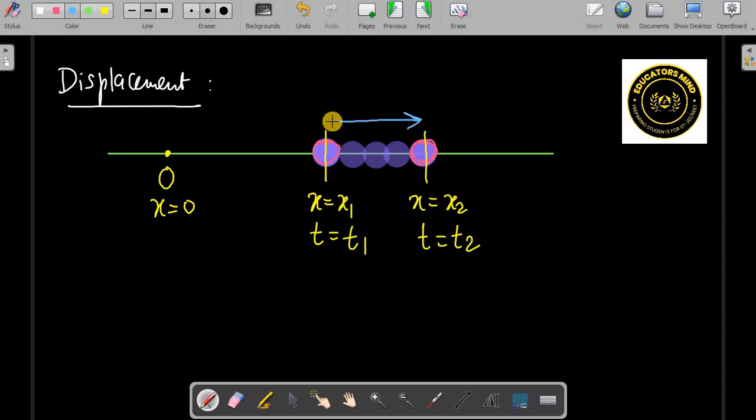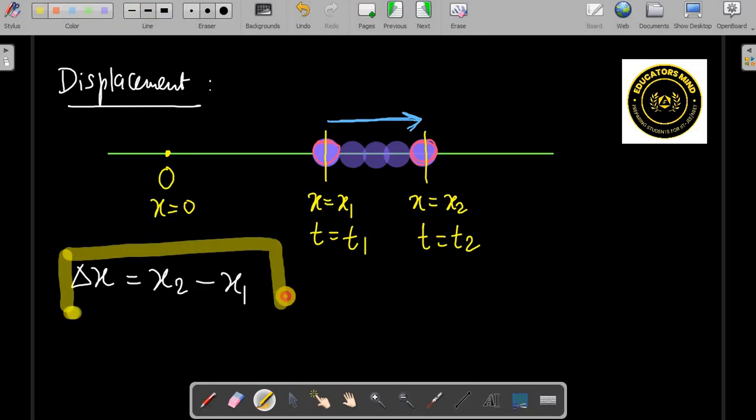Displacement is a vector quantity which starts from the initial point to the final point, and it can be represented by this arrow because it's a vector quantity. And how do we calculate displacement? Displacement is delta x. It is final position minus initial position. This is the formula to calculate displacement.